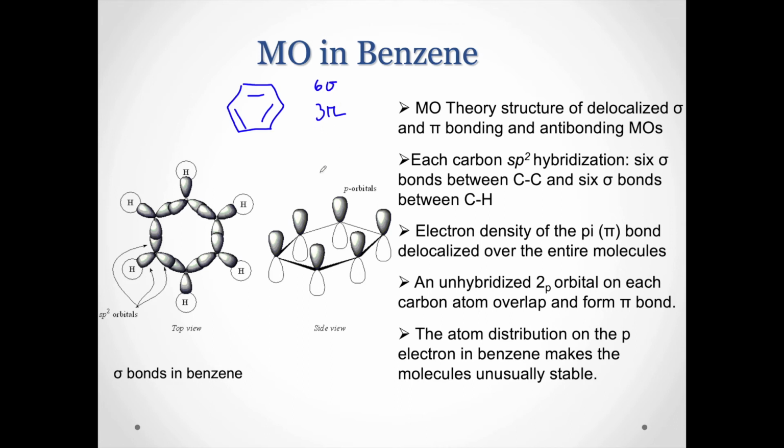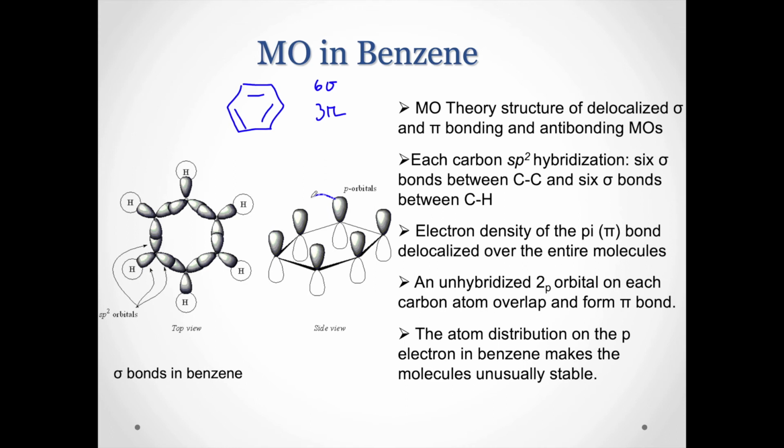As you can see, the hybridization for each carbon here is sp2 orbitals. This is from the top, while from the side view here you can see the pi.